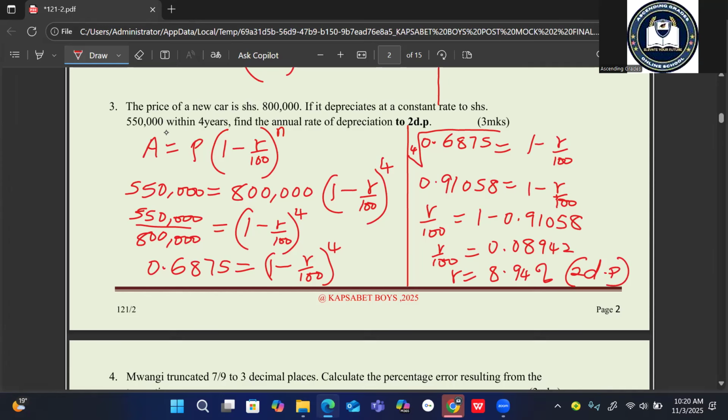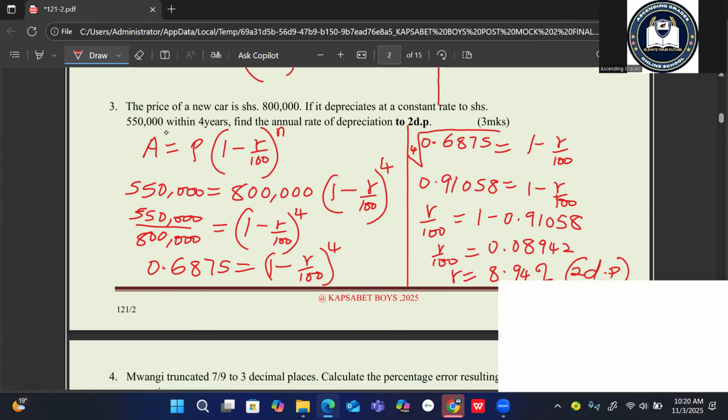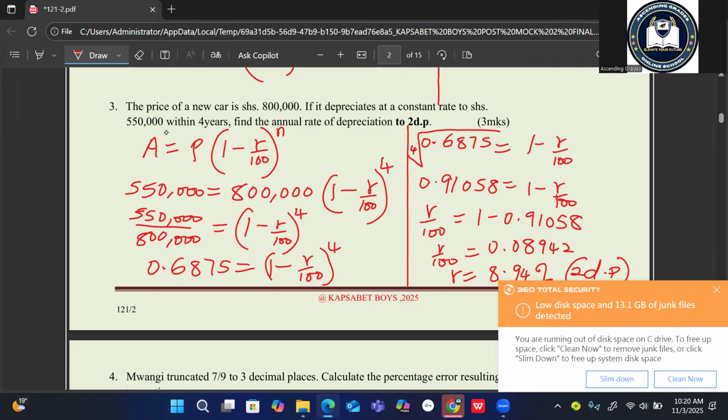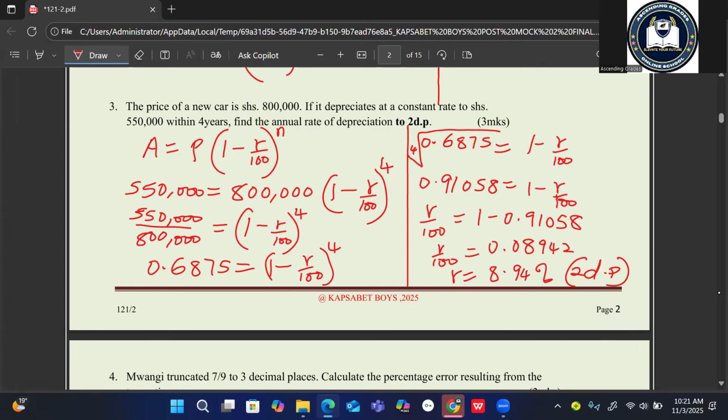So that is our rate. We were told to find the annual rate of depreciation to 2 decimal places, and we have obtained it as 8.94%.